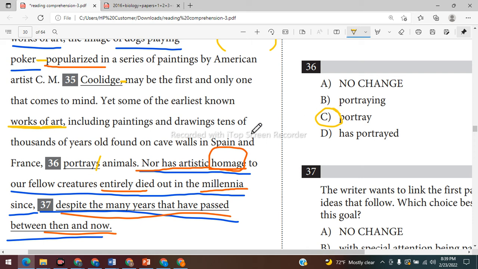So it has to correspond. This and this have to correspond to each other. The plural verb must correspond with the plural noun.